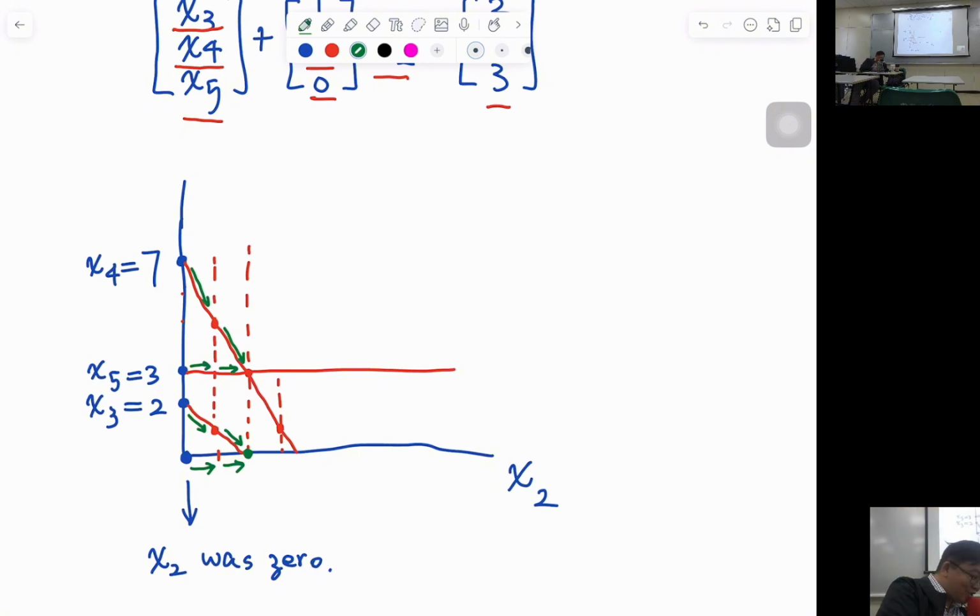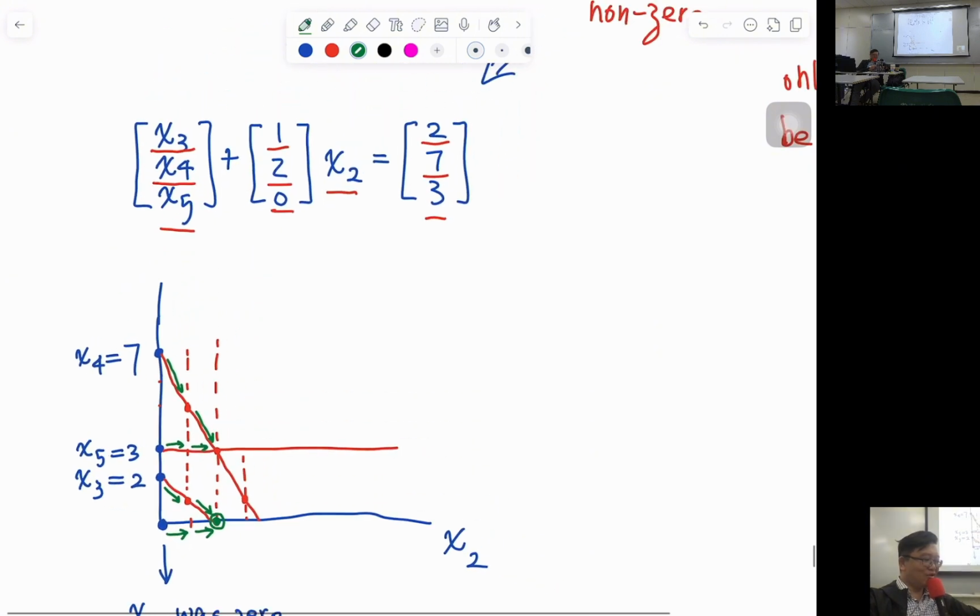So here is the end of this procedure. I can only increase x2 from 0 to 2. x3 drops to 0. The rest do nothing. Just follow your equation up there.